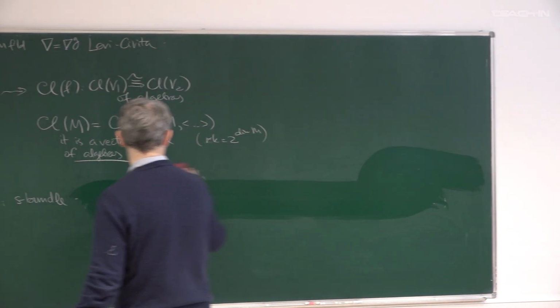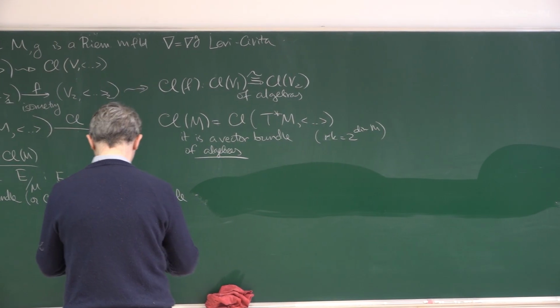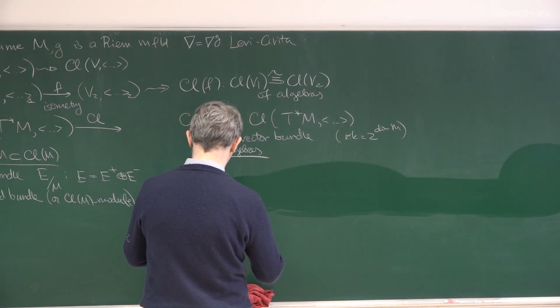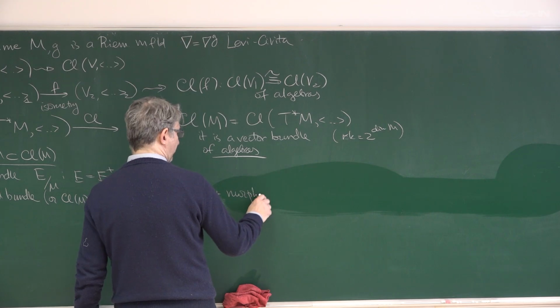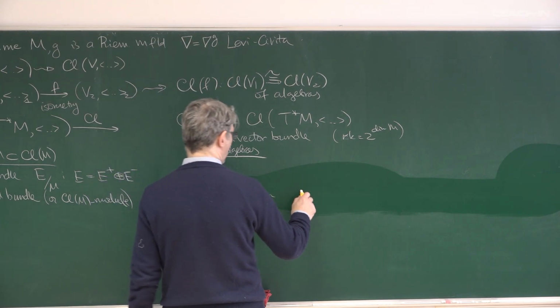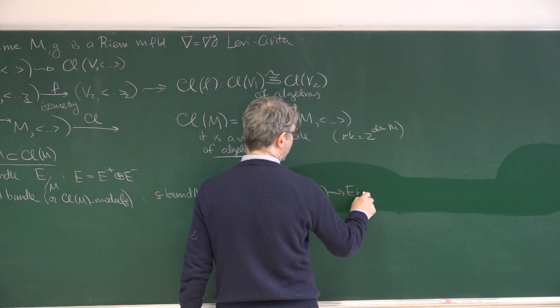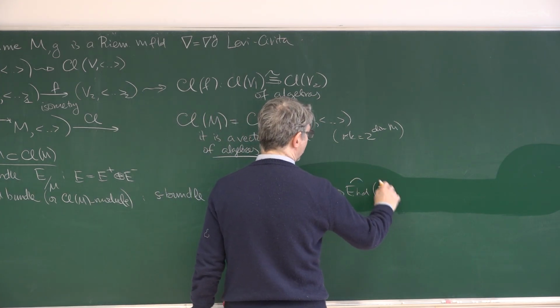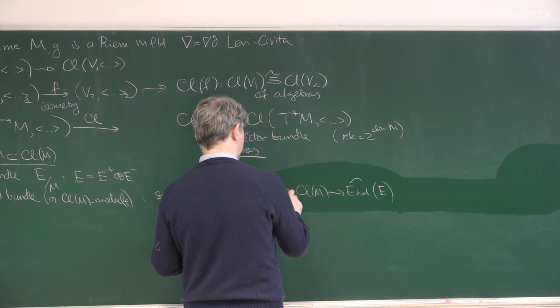Let me correct my definition. A Clifford bundle is an S bundle with a morphism from Cl(M) to graded endomorphisms of E. This will be denoted by c.